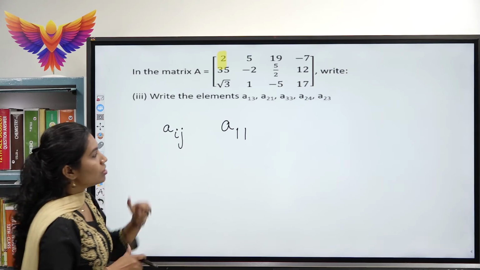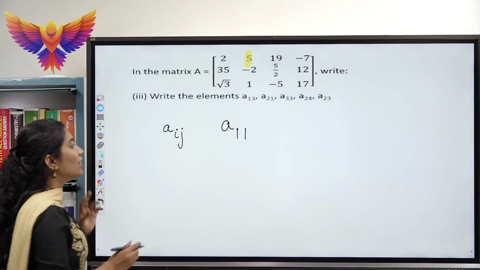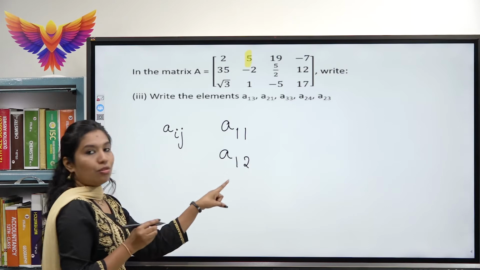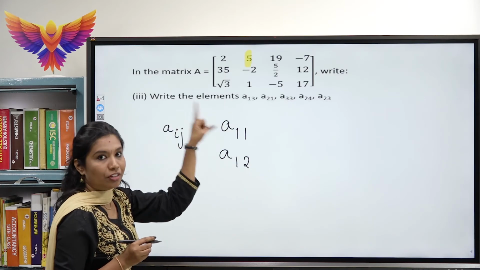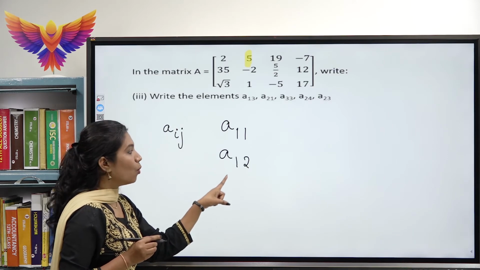When we come across the second element of the first row, which is 5, that can be written as A, 1 and 2. I denotes the row and J denotes the column. We have the second element of the first row, which is 5, so it can be represented as 1 and 2.